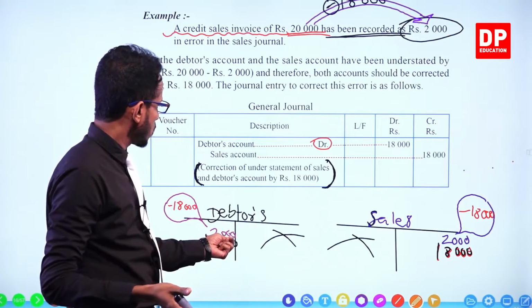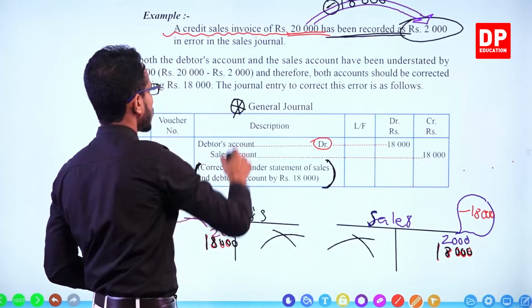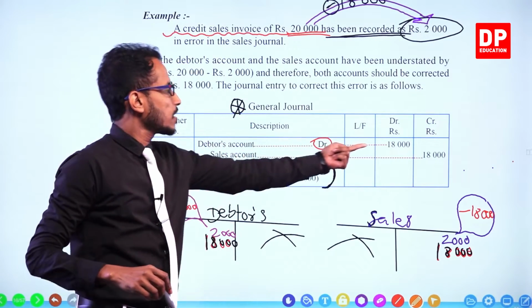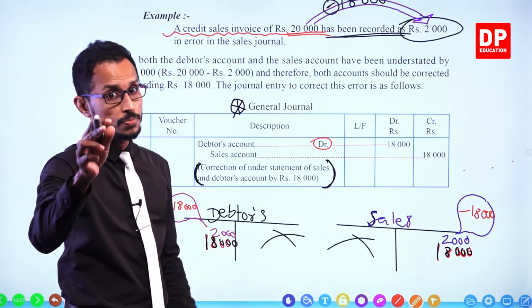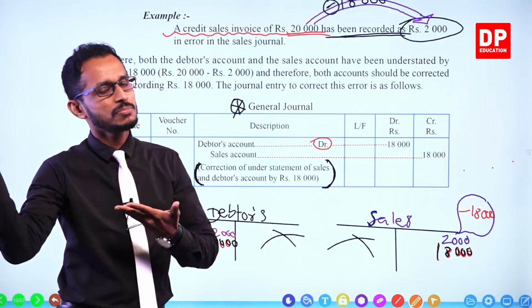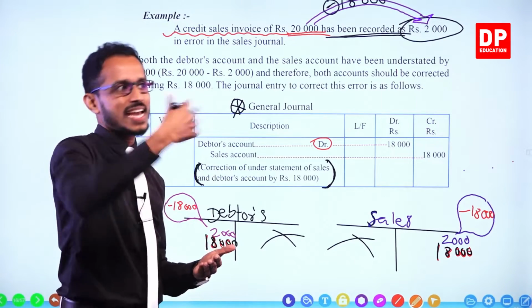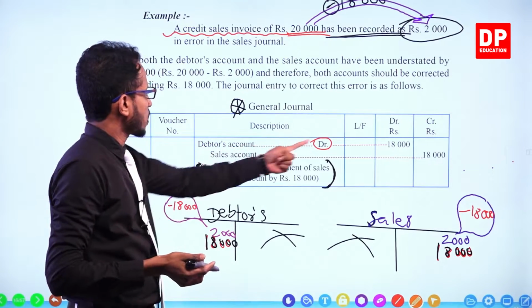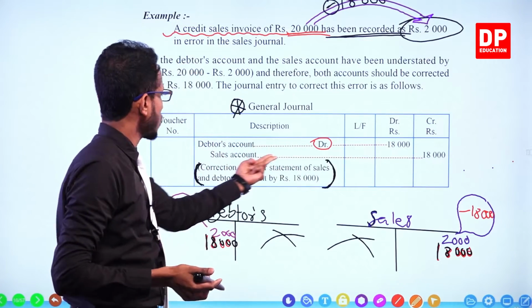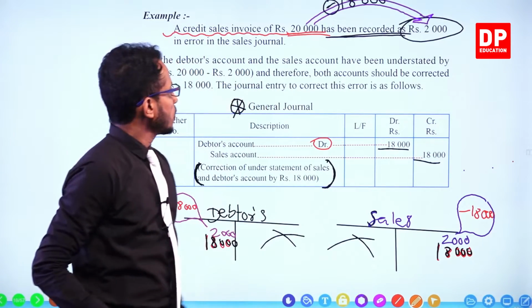Then you do what is necessary in the general journal. That is writing the necessary double entry in the general journal. That is what the examiners expect. The general journal double entry, correcting entry by you: debtors account debit, sales account credit 18,000. Done.